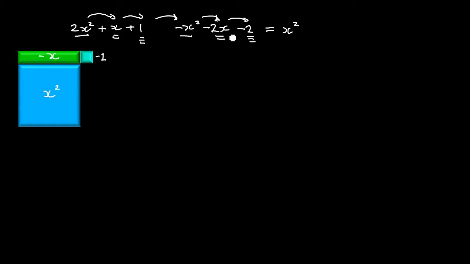X subtract 2x gives us minus x, exactly as we have here. And 1 subtract 2, if you think of your number line, you're going back to 0, then back one more, minus 1, negative 1.